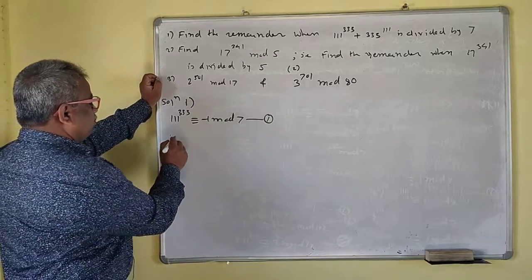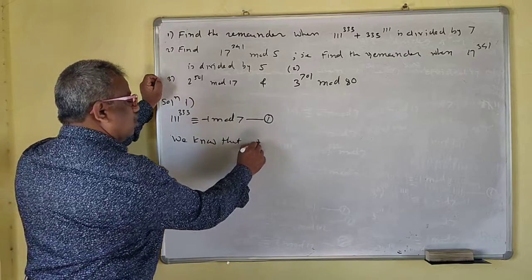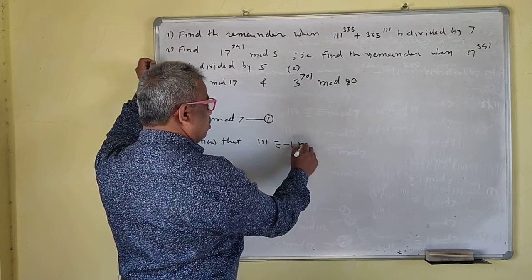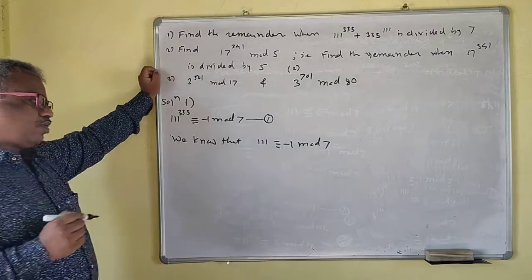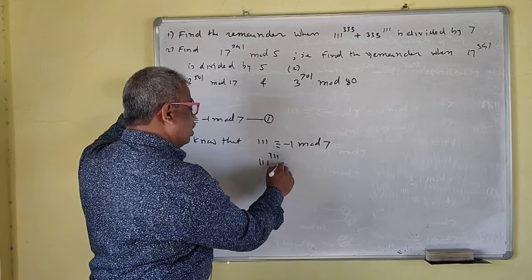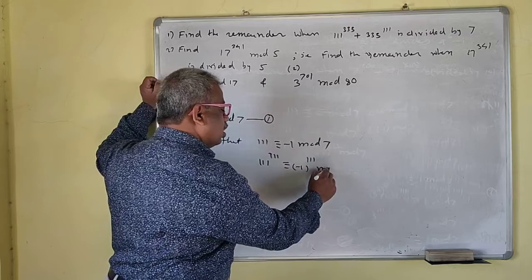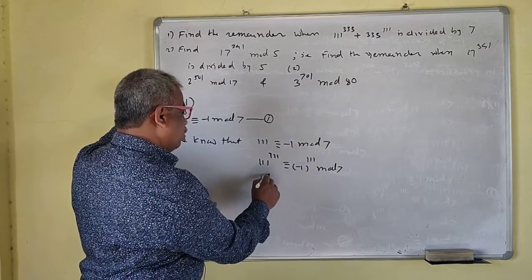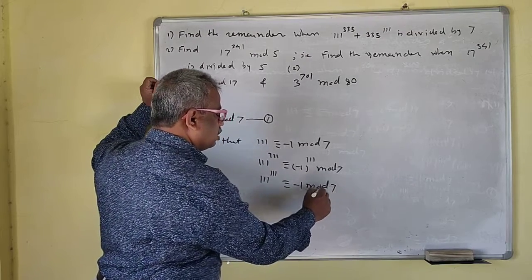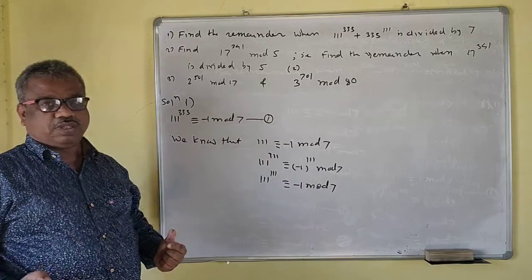We know that 111 is congruent to -1 mod 7, so I will take the power: 111 to the power 111 is congruent to (-1) to the power 111 mod 7. I want 333 in the place of 111.